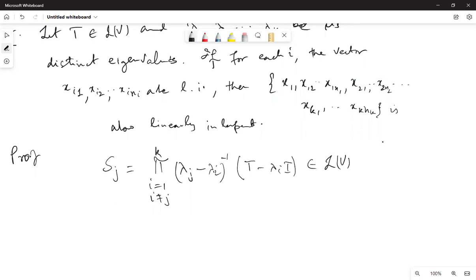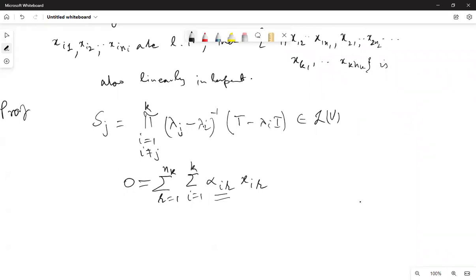So suppose this linear sum is 0, given by the sum over r from 1 to ni, sum over i from 1 to k of alpha ir xir. I just take the linear combination of these vectors, which is 0. And if I can prove that these alpha ir are zeros, then I'm done.